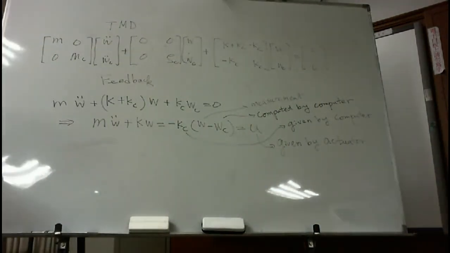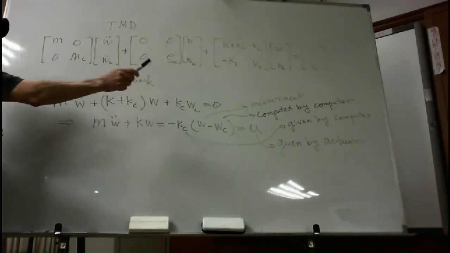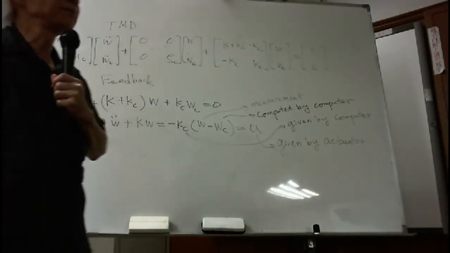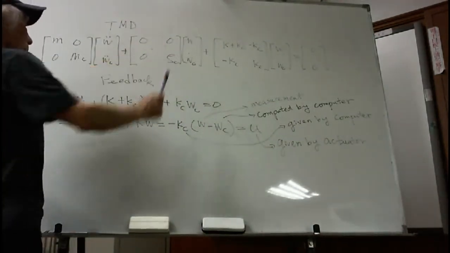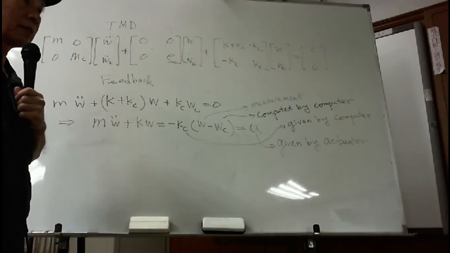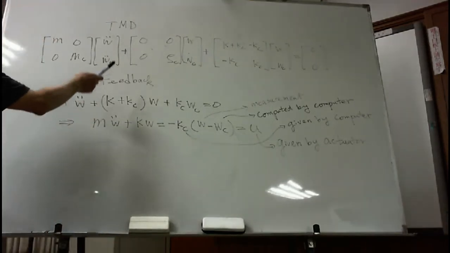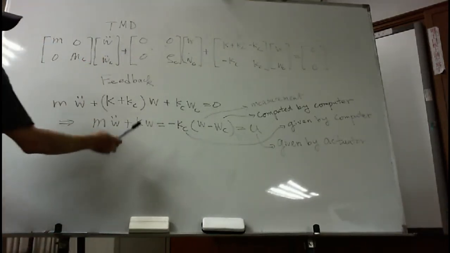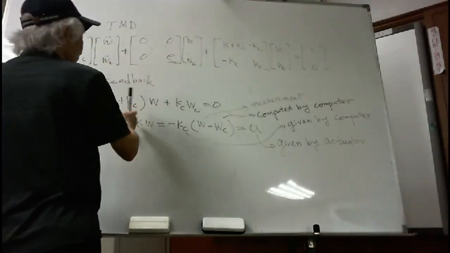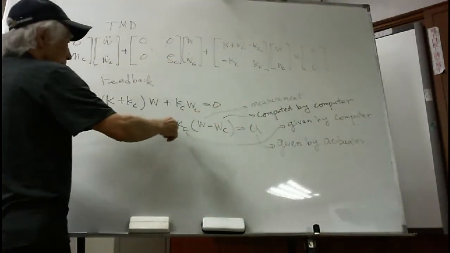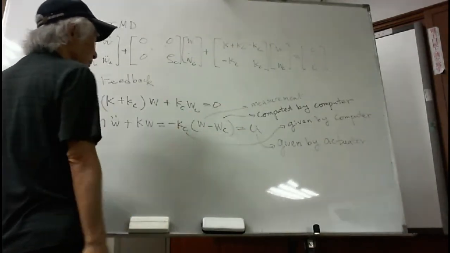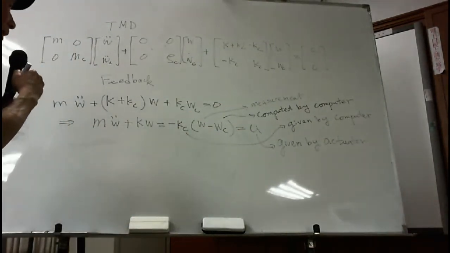Agree? Any questions? So the easy way to design a virtual passive system is just to write out your passive TMD, and then from your TMD, you move some of the terms to the right-hand side, and this right-hand side term will be all computed by the computer.